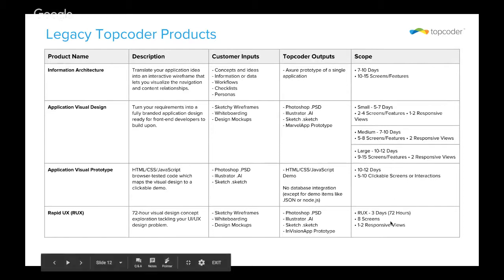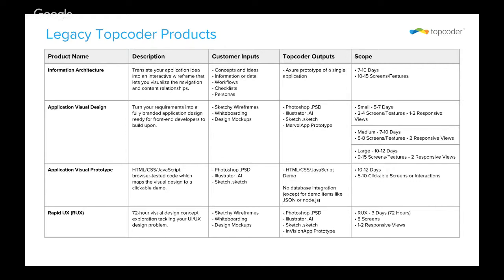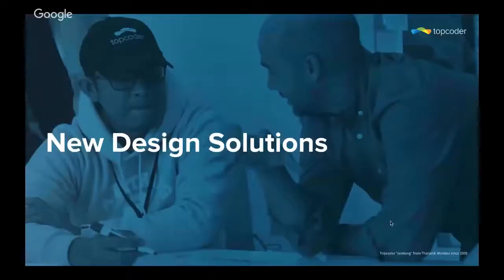And then RUXes, our super fast 3-day challenges that have a clearly defined scope and clearly defined and repeatable prize money. So those are the legacy products, and then new design solutions.